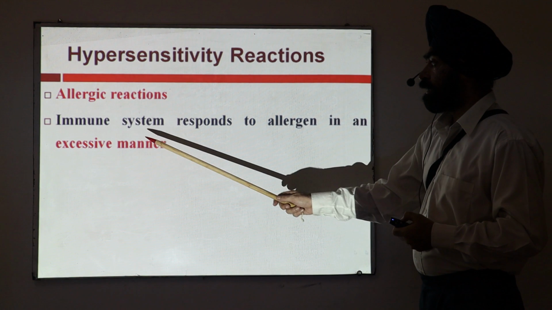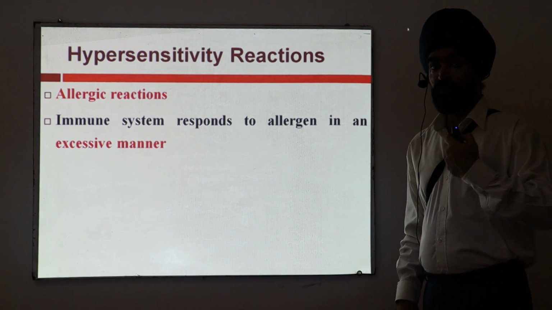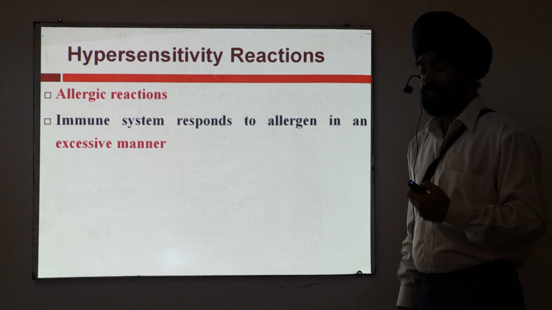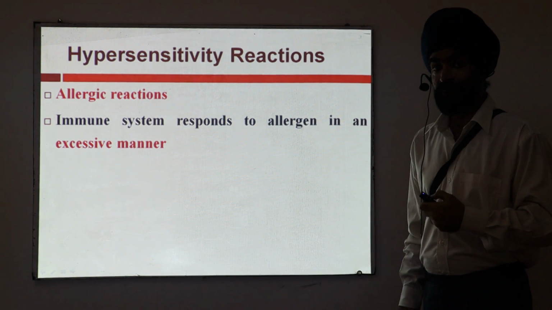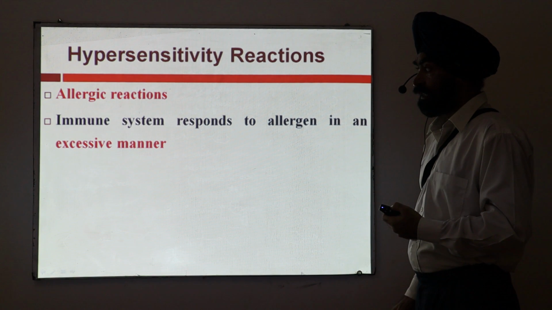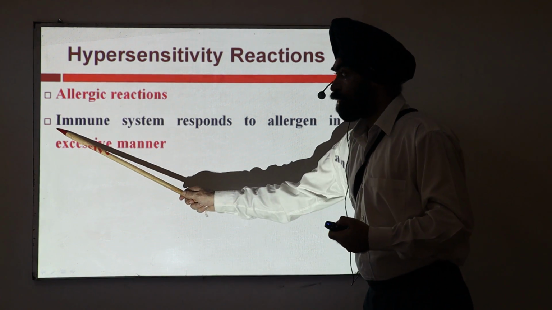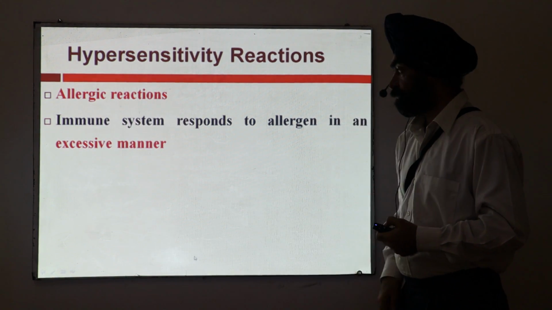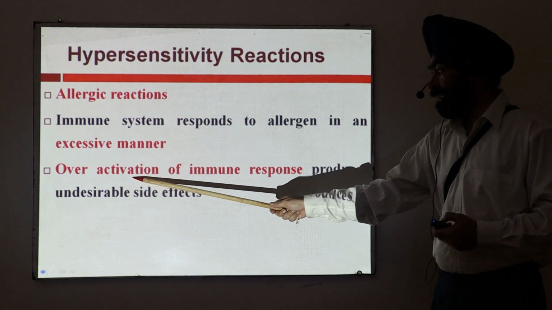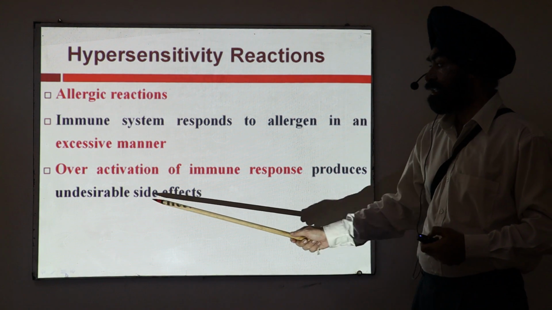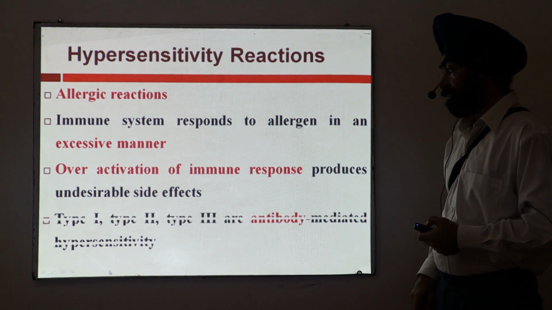And as I told, the immune response becomes highly sensitive. So it responds to an allergen in an excessive, hypersensitive manner. Actually there is an issue related to the immune system. If the immune system is overactivated, then it will lead to undesirable side effects in the body.